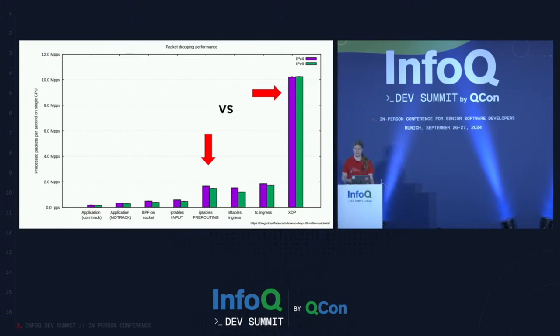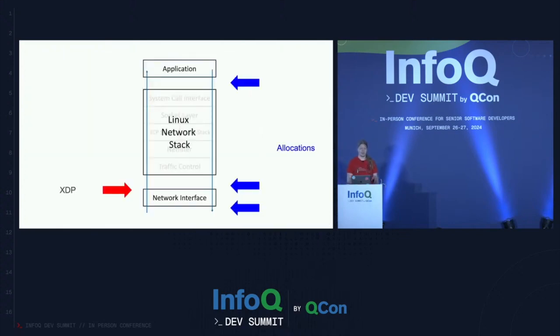And that's pretty cool. The idea is that we take advantage of the Express Data Path, that's XDP, and this lies essentially between your network interface and your Linux network stack. So it's the first time the package enters your system from the Linux point of view, and that's the place where we're checking these packages.